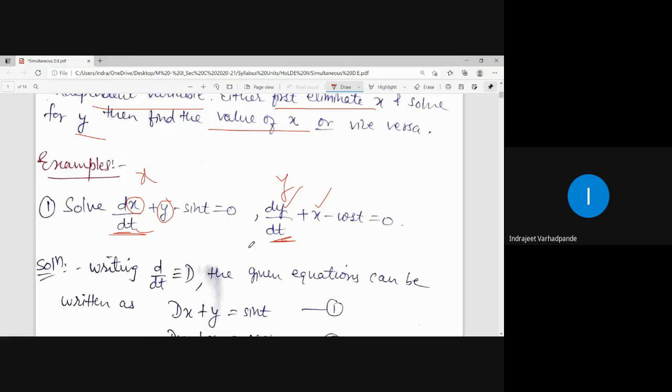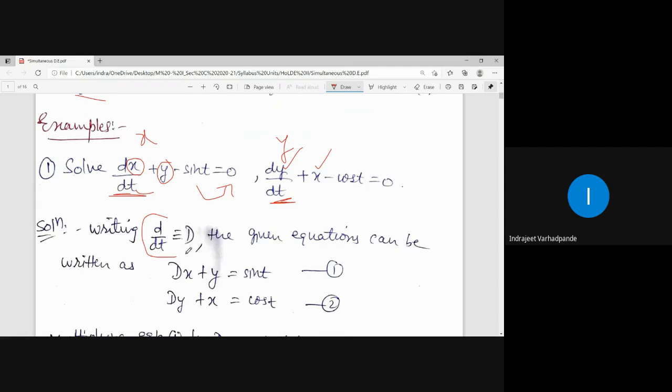Whatever functions are related to t will be transposed to the other side. Now to get the terms in the simplest form, I will consider the operator form. What does the operator D stand for over here? The operator D should be considered as d by dt. So the first equation is converted, dx by dt becomes Dx plus y, and as I said, independent variable terms are to be shifted to the other side.